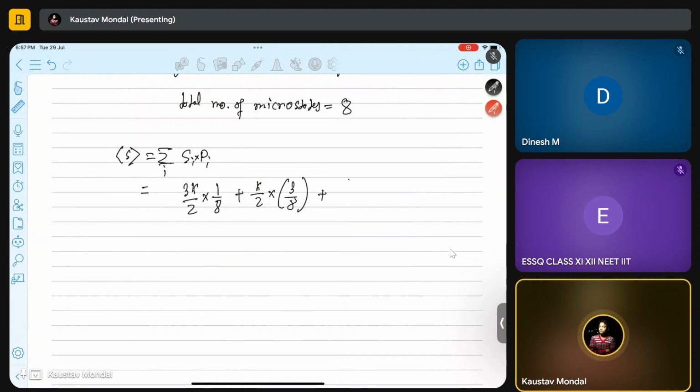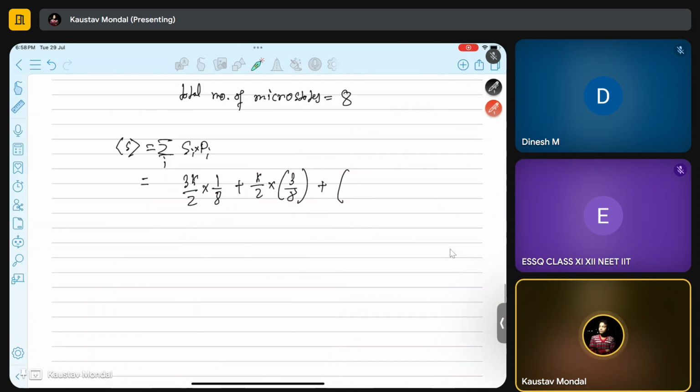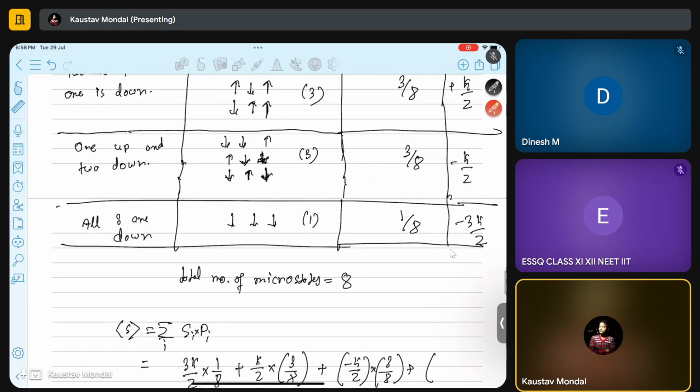In the third case, the spin is minus h cut by 2 and its corresponding probability is 3 by 8, right? So it would be minus h cut by 2 into 3 by 8. In the fourth case, the total spin value is minus 3h cut by 2, and its corresponding probability is 1 by 8, right?